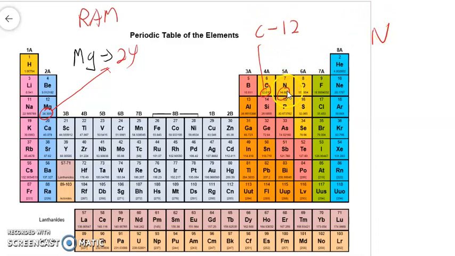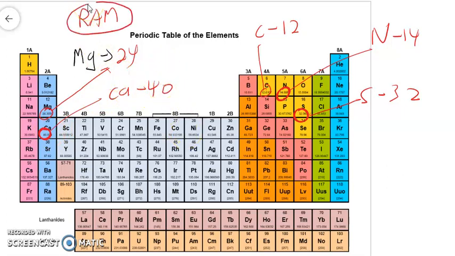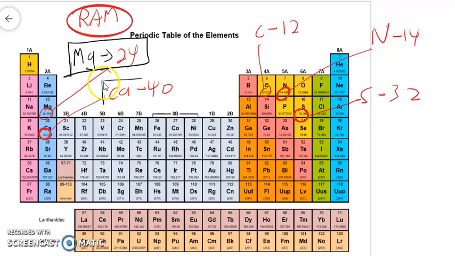Nitrogen we have 14. Sulfur we have 32, which is written here. And then calcium we have 40. This is relative atomic mass, where we are looking at each atom of different elements.